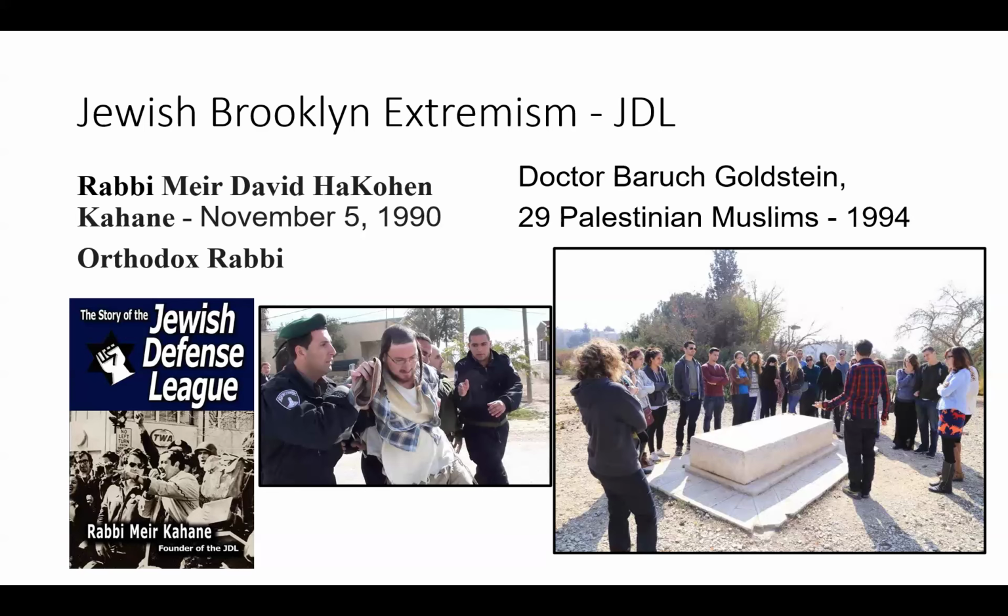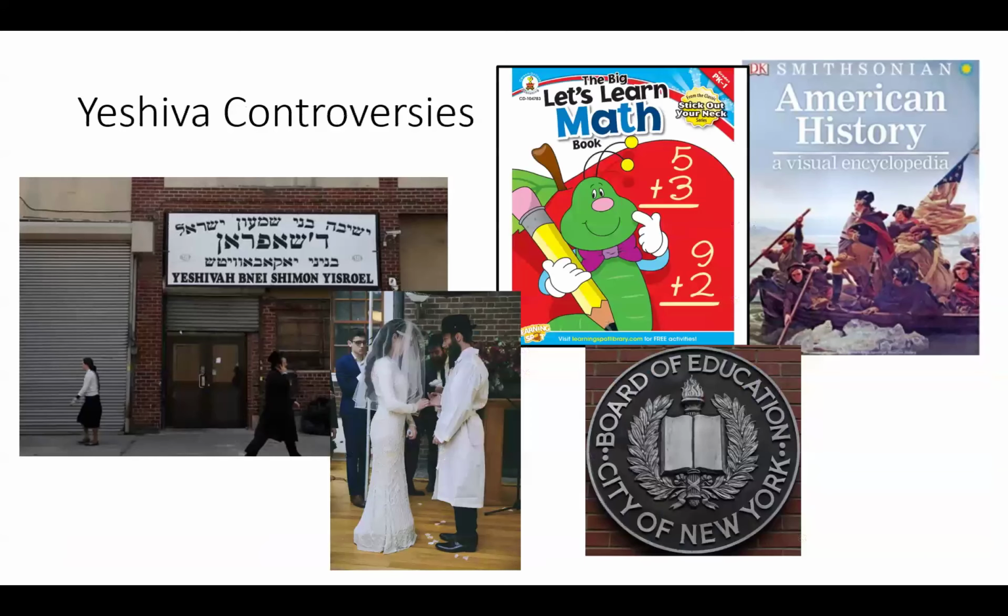Brooklyn has a tradition of being very militant, very violent. Goldstein and Kahane are notorious Jewish terrorists, saying that Israel should be ethnically cleansed and that it was up to these Jewish terrorist groups to make Israel Jewish again.